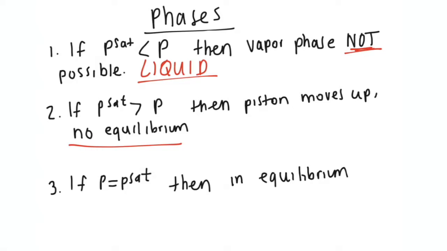But if the pressure of my system is equal to Psat, then I am in equilibrium. I think that should make sense. And if my P external is equal to Psat, then I'm going to be having a phase change. That's basically it. Number 1 is the most important though. If my Psat is less than P, then vapor phase is not possible. I am a liquid.